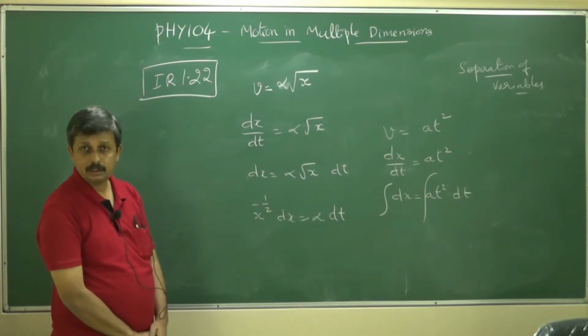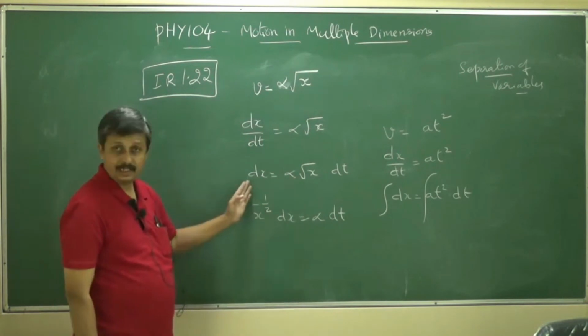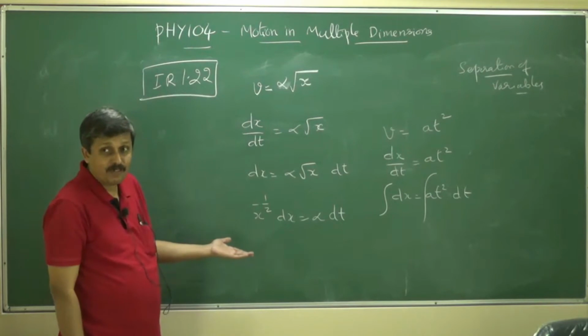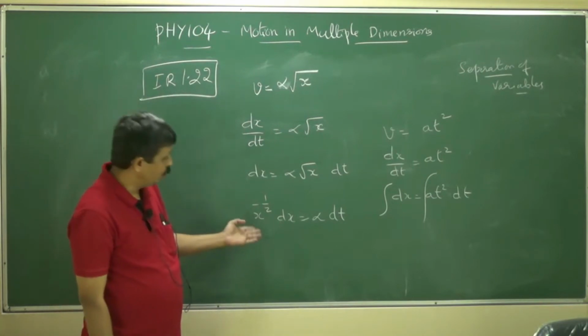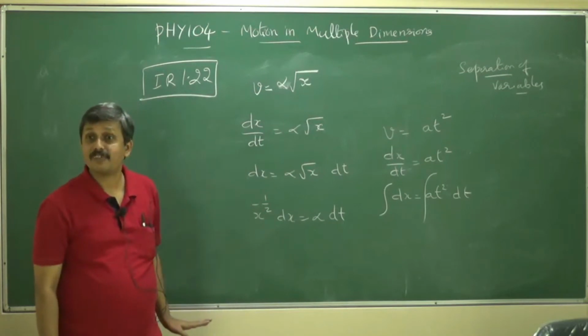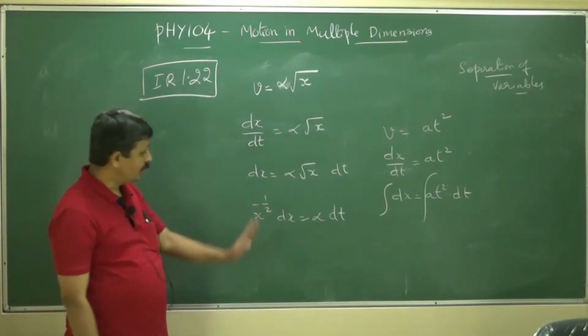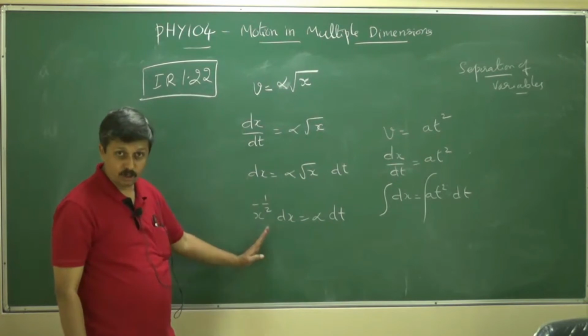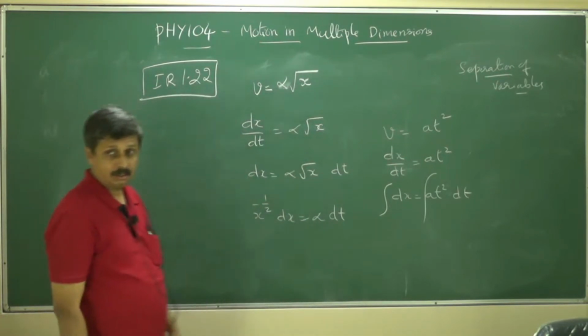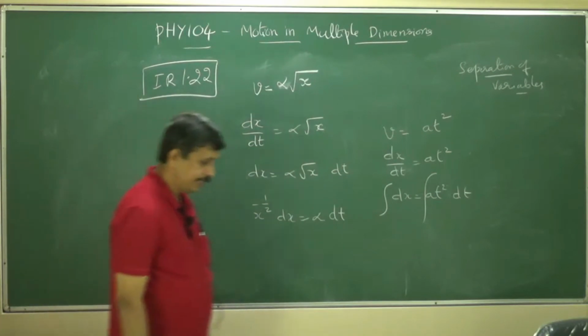We just took the root x to this side. In this problem it is very straightforward. We got to wherever we wanted to very quickly. So we separated the variables. Now once we separated the variables, the ball is in your court. Try it now. Integrate it.